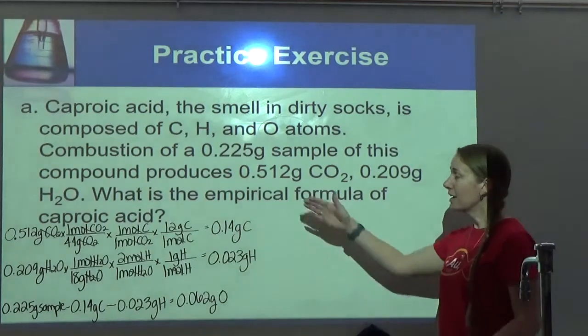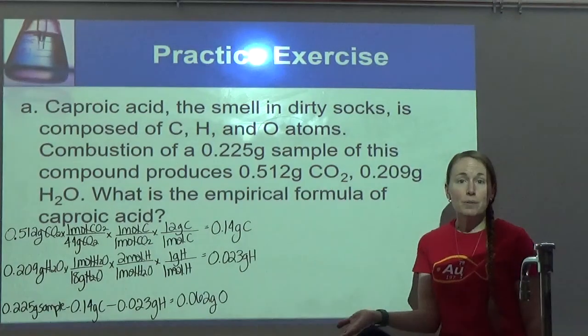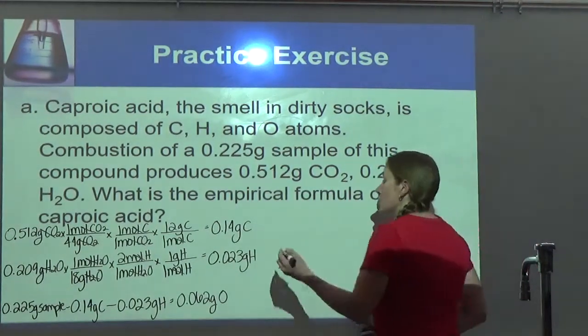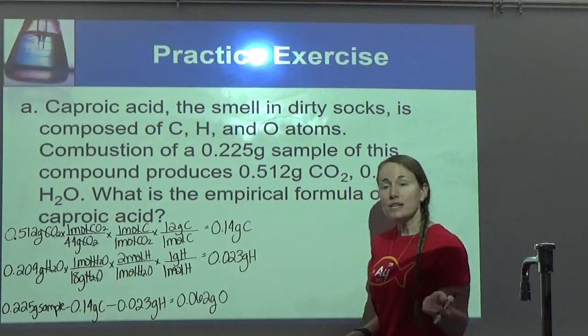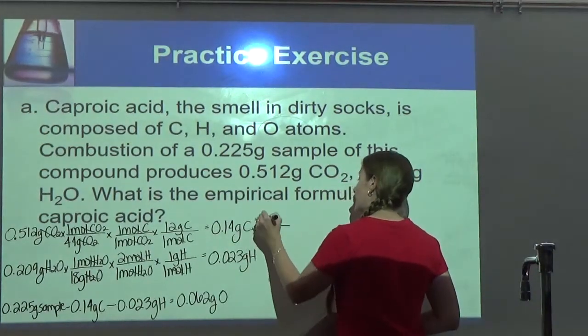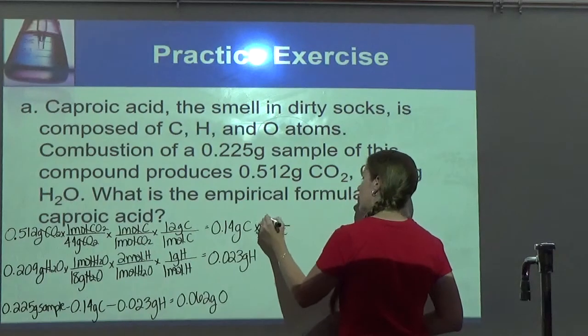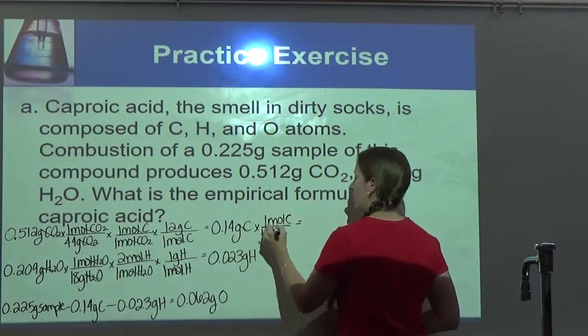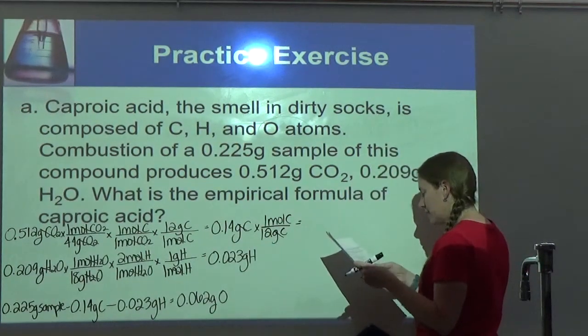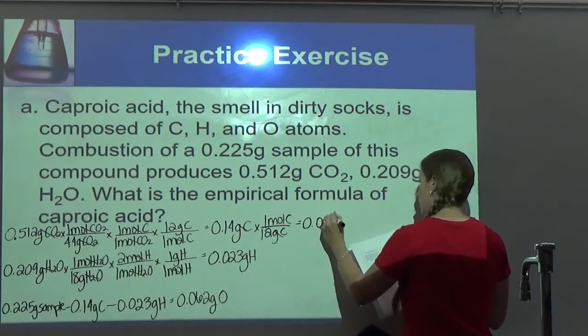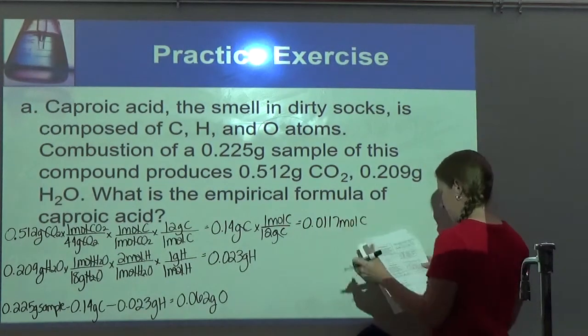Okay, so now that I've made it to this point, I can do a normal empirical formula problem. So I have my grams already, so I don't have to waste time with percent to grams. So I say, okay, well, 12 grams of carbon is 1 mole. So once I do that, I end up getting 0.0117 moles of carbon.